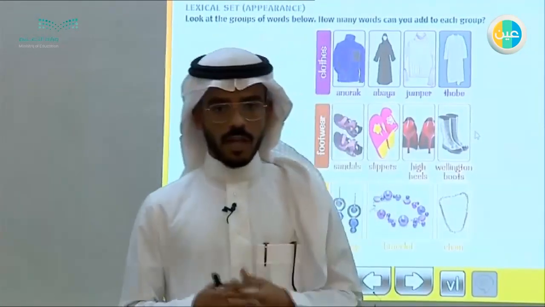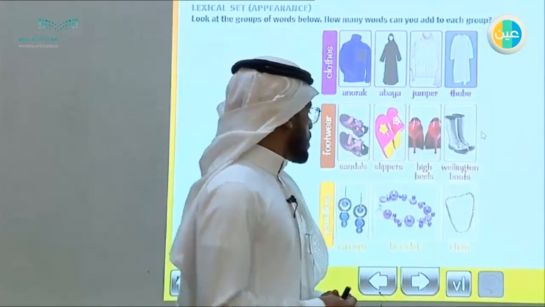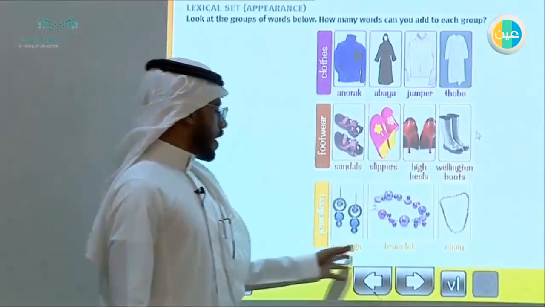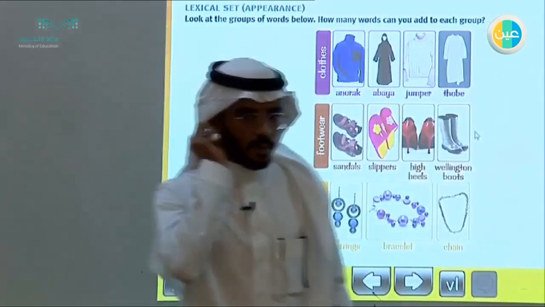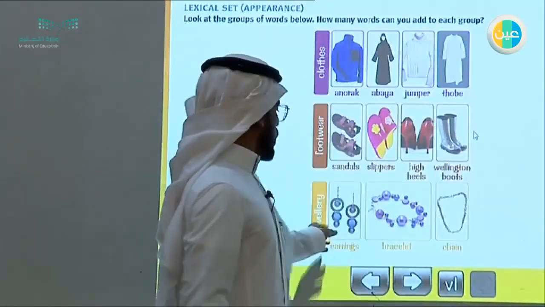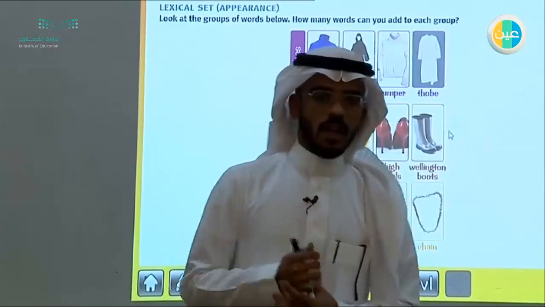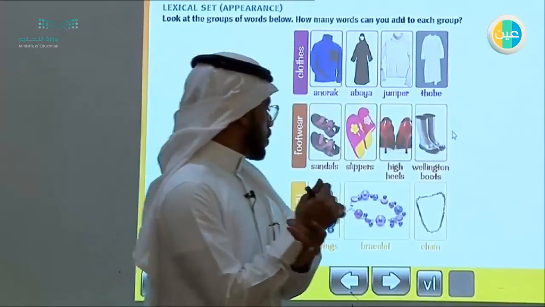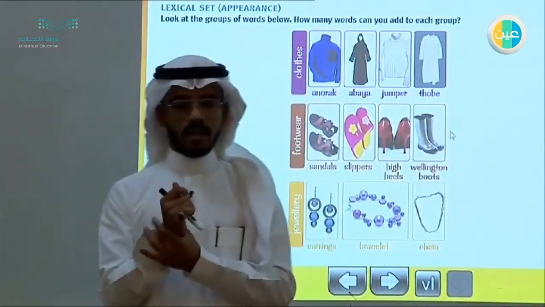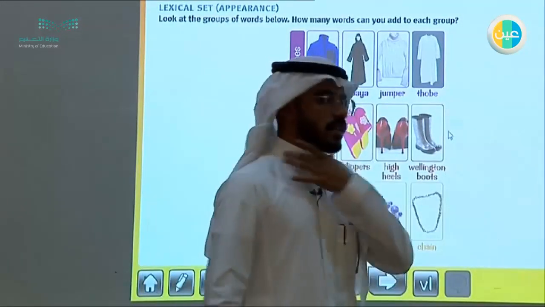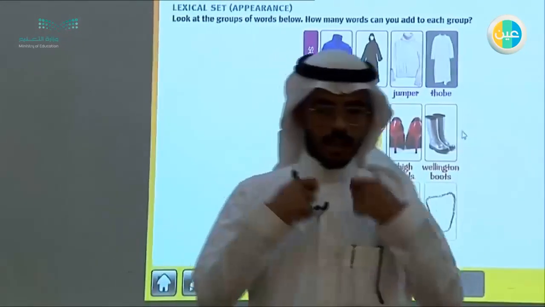Jewelry اللي هي المجوهرات تستخدم للزينة. The first one is earrings. You put it in your ear. The second one is bracelet. Use it around your wrist اللي هو السوارة. Chain اللي هو السلسال.